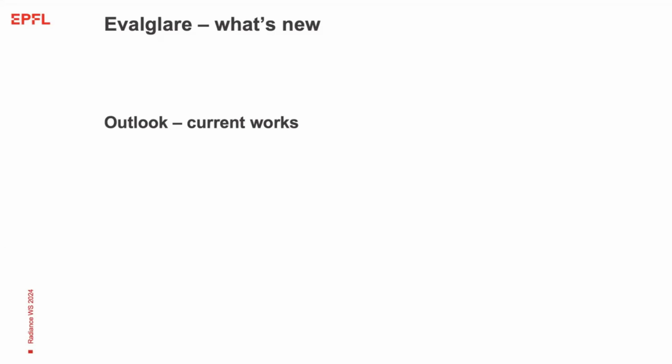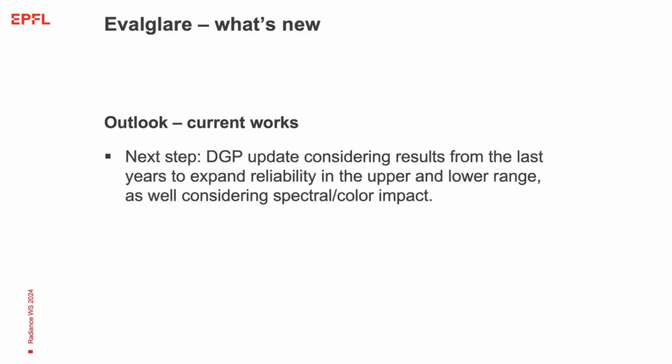So that's one thing. And then of course, some of you know that we worked in the past years a lot on influence parameters on glare, and Snea will later on also present something about this.